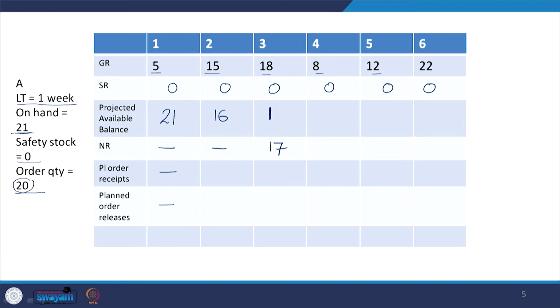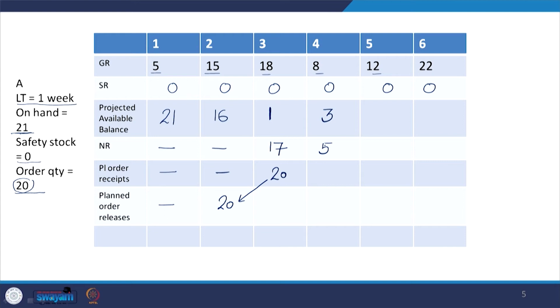So, to get 17 you have to place an order of 20 1 period before, so that you can get 20 here. Out of 20, 17 you will consume, so 3 will be available to you in the next period. Then 8 is the requirement, 3 is available, so 5 becomes the net requirement.